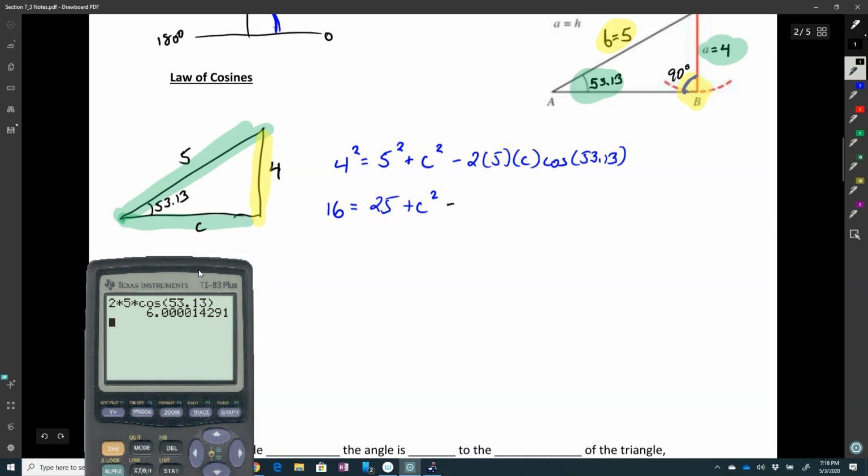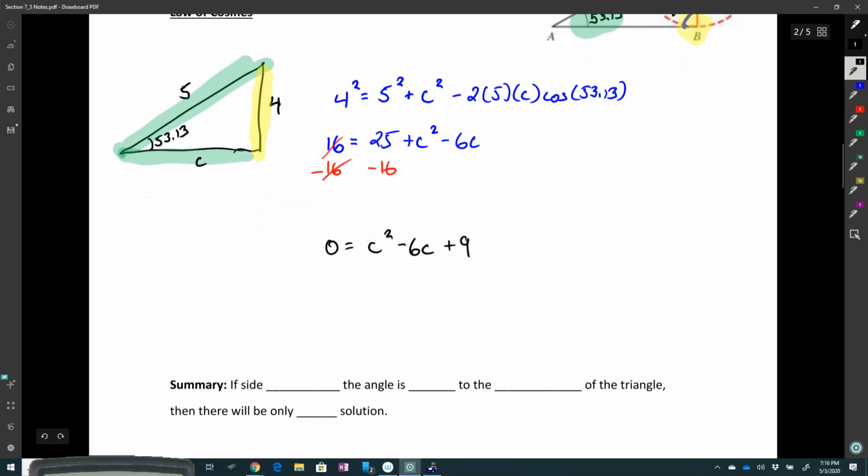So minus 6C. And I can subtract the 16. So this gives me 0 is equal to C squared minus 6C, and then 25 minus 16 is plus 9.